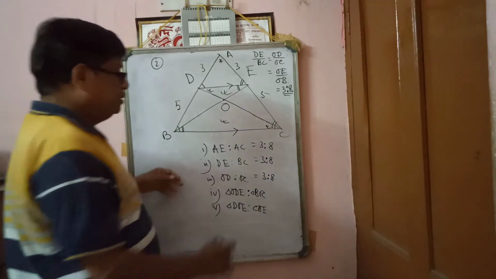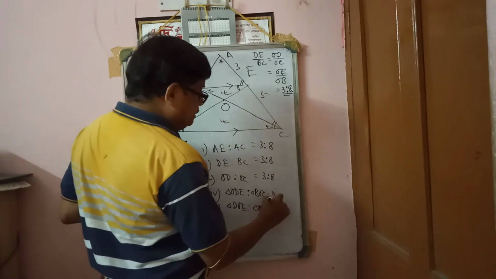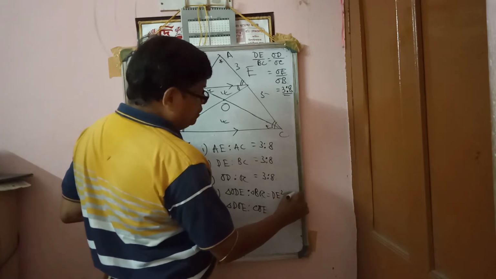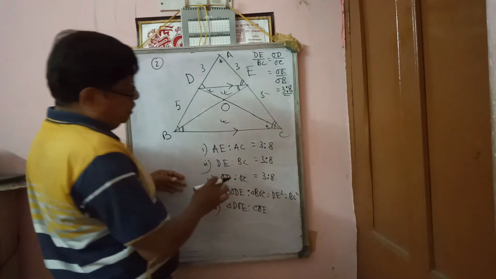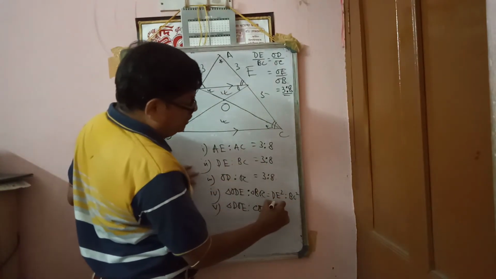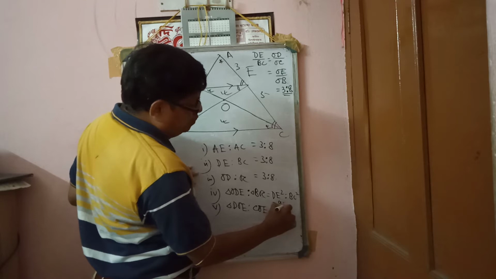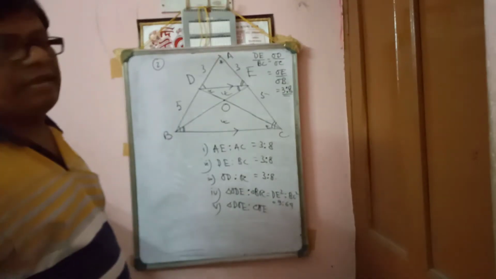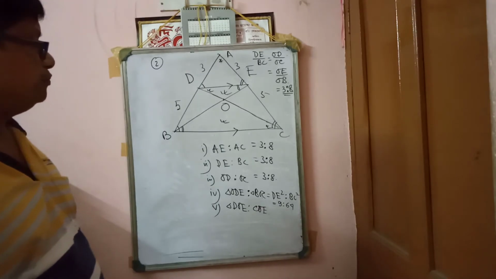You all know DE to BC is 3 is to 8, so it will be 9 is to 64. Okay, 9 is to 64.